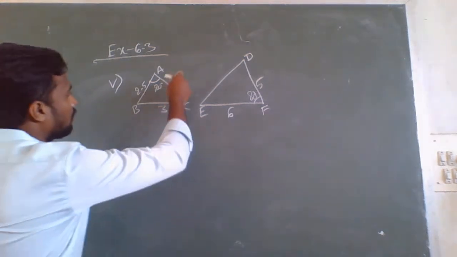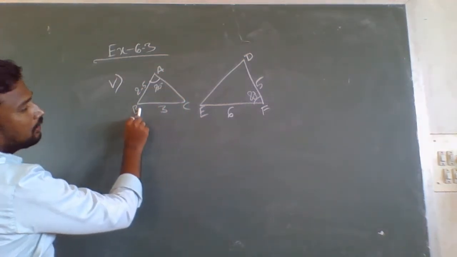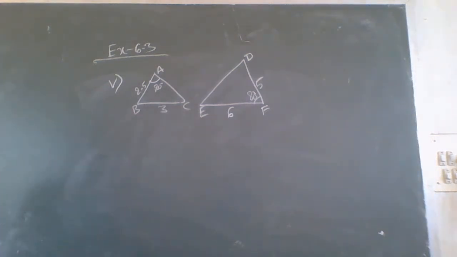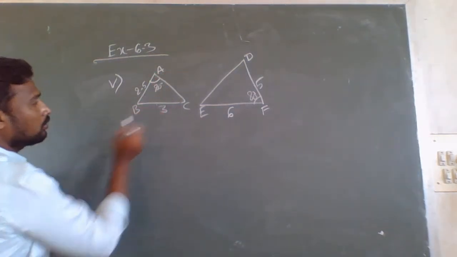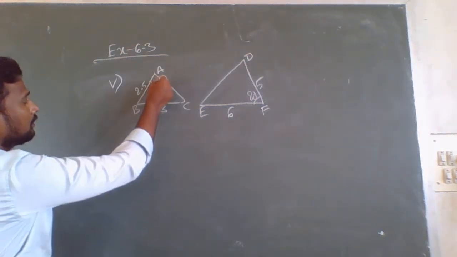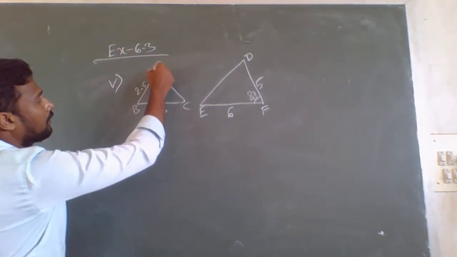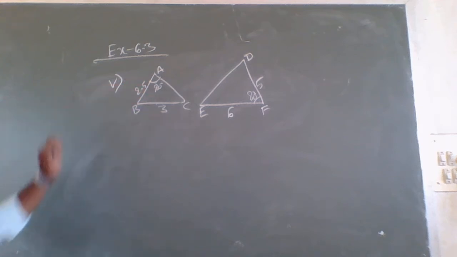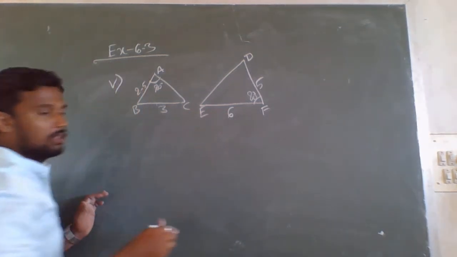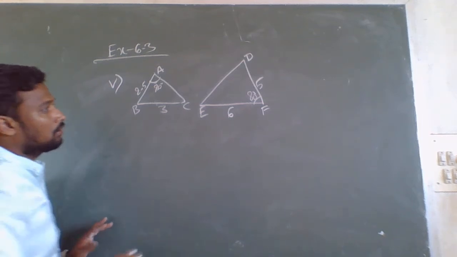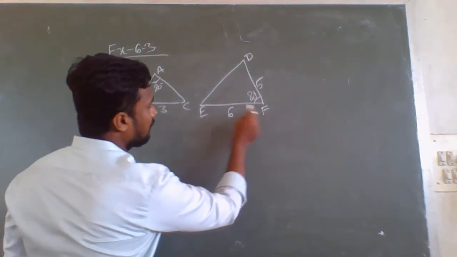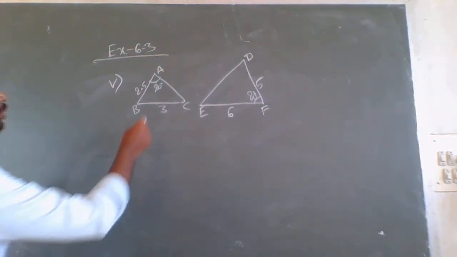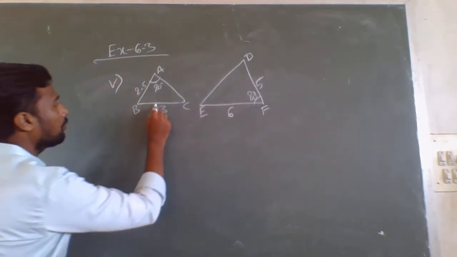But here they are given the length of side BC, which is 3 centimeters, and this side is opposite to the 80 degree angle. Here 3/6 means we will get 1/2 only. But this side EF is not opposite to 80 degrees, meaning these two sides are not corresponding sides.